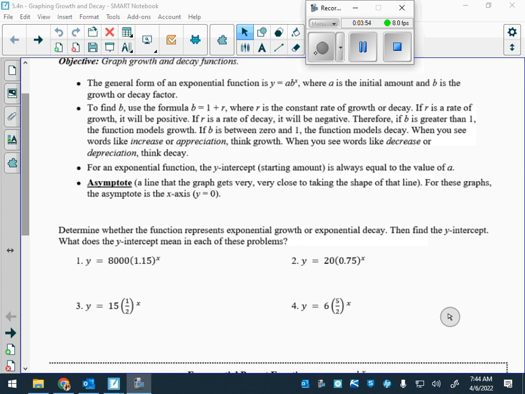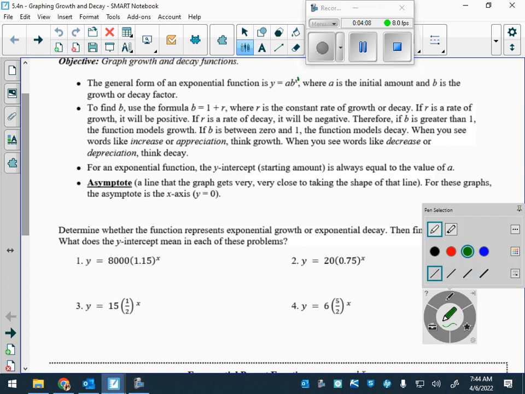All right, so the general form of exponential functions is written as y equals ab to the x. The a you will eventually see is your initial amount.